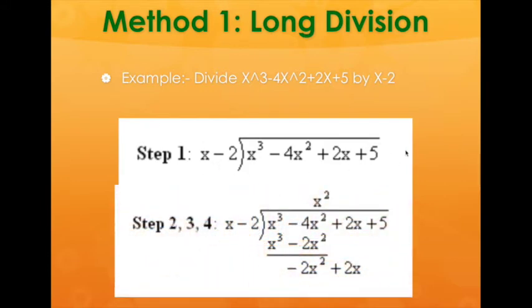Once you have written this in division form, the second step is x^2 multiplied by x - 2, where you get x^3. Then -4x^2 minus -2x^2 is -2x^2. You have to find another number that when multiplied by x - 2 gives -2x^2.